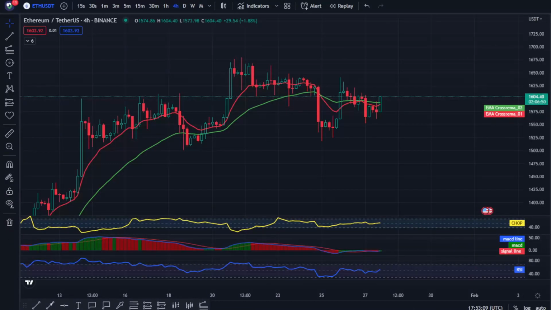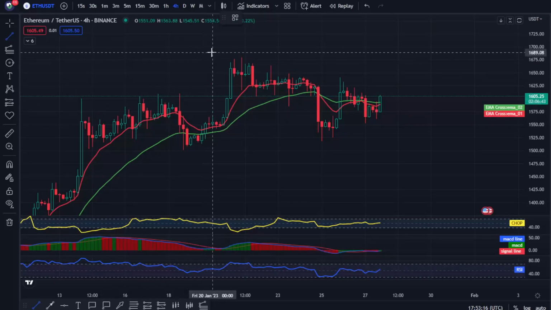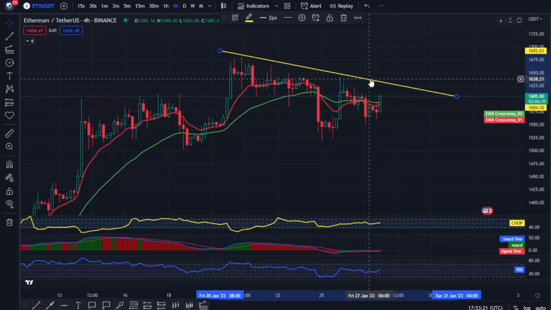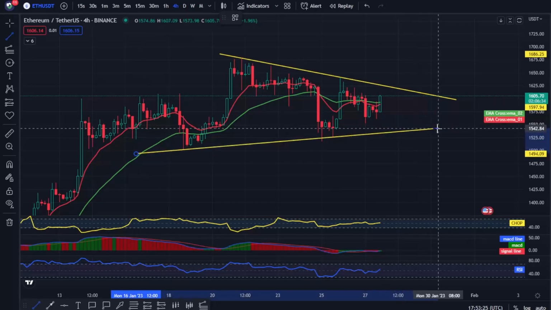Now let's move on to the chart of ETH against USDT, also on a 4-hour time frame. And here we can start by identifying with the yellow lines the triangle in which the price is moving.